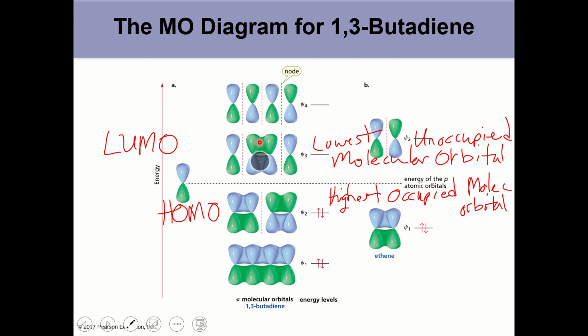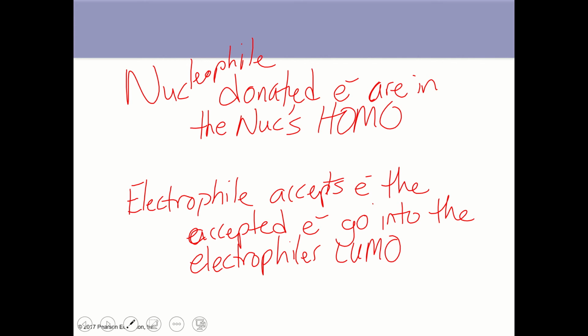The lowest energy orbital, which contains 0 electrons, is called the lowest unoccupied molecular orbital, or the LUMO. And this is relevant because this is how our reactions occur. The electrons donated by the nucleophile are in the nucleophile's highest occupied molecular orbital.